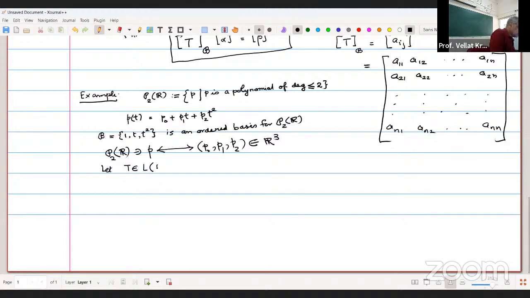Consider a linear transformation on P2R. Suppose T is a linear transformation, then let T be defined as follows.